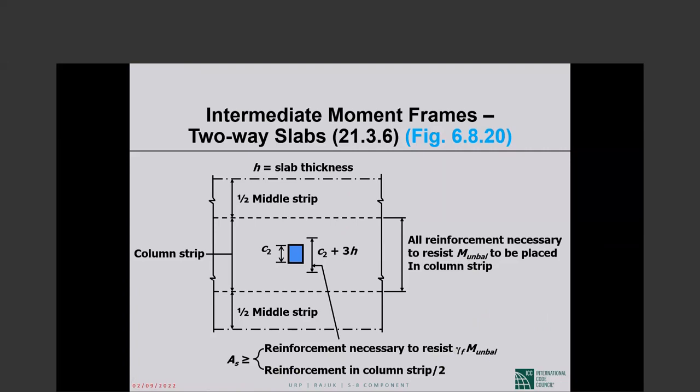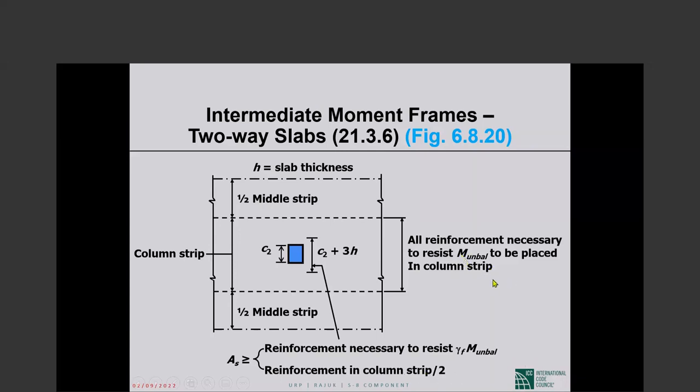This is an explicit requirement for intermediate moment frames. Yes, you shall, as in gravity frames, place the reinforcement that you need to resist the part of the unbalanced moment that is transferred by flexure within the narrow moment transfer band. But here we are saying if it is an intermediate moment frame, you shall place at least half the column strip reinforcement within the moment transfer band. So this is an additional requirement.